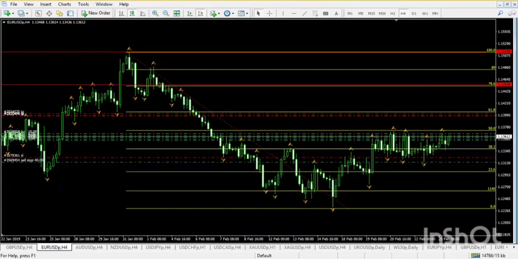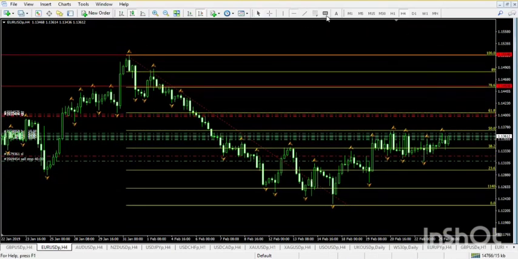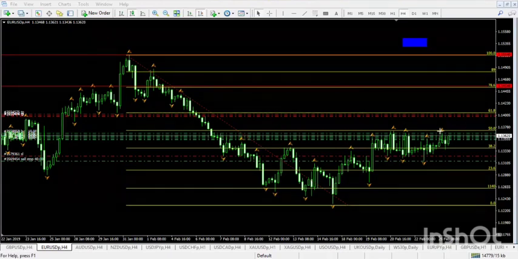If that happens, you can be sure that it's going to reach the 100 level and come back in this zone. It's going to come up to here, a little retracement, and then a reversal. And it has to. It's a rule.